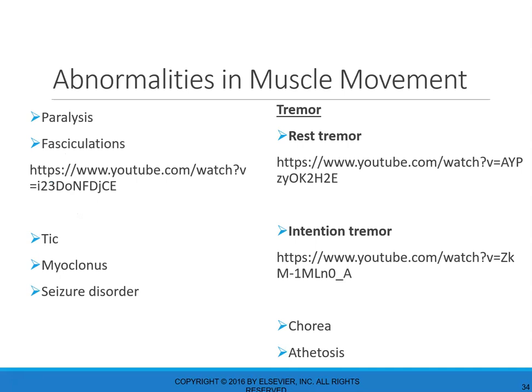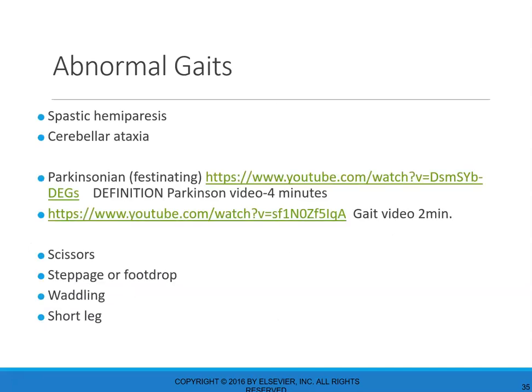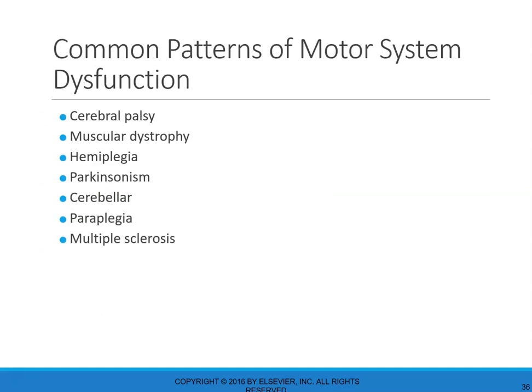Here are some links for videos that you can watch for intention tremors, rest tremors, paralysis, and other abnormalities in muscle movement. Abnormal gait videos: please make sure you watch these videos so that you can determine the difference between abnormal and normal.